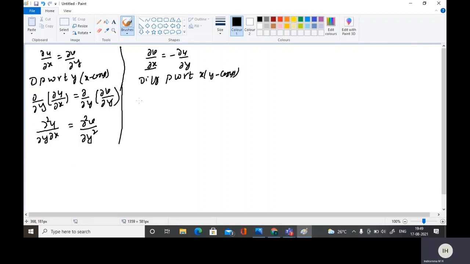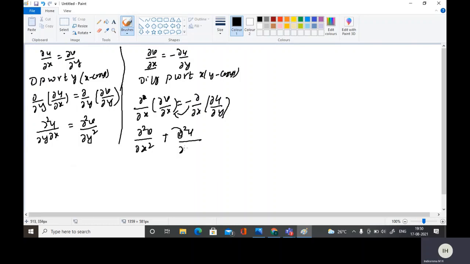So ∂/∂x of ∂v/∂x is equal to minus ∂/∂x of ∂u/∂y, which gives ∂²v/∂x² is equal to minus ∂²u/∂x∂y. Now I will call this equation number 3.